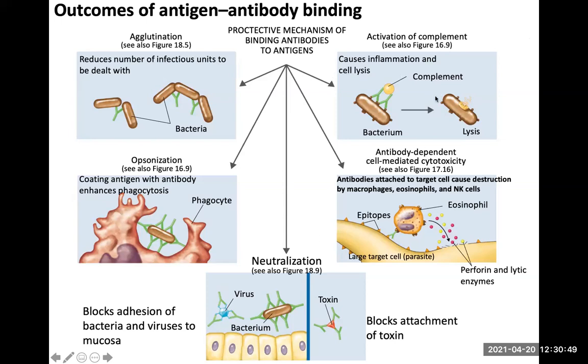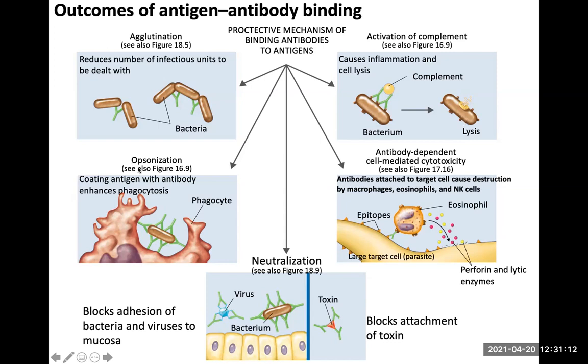We can activate the complement through the classical pathway that we talked about. And eventually, that can lead to formation of the MAC complex, right? Membrane attack complex, which will lead to lysis, bursting open, right? The bacteria.